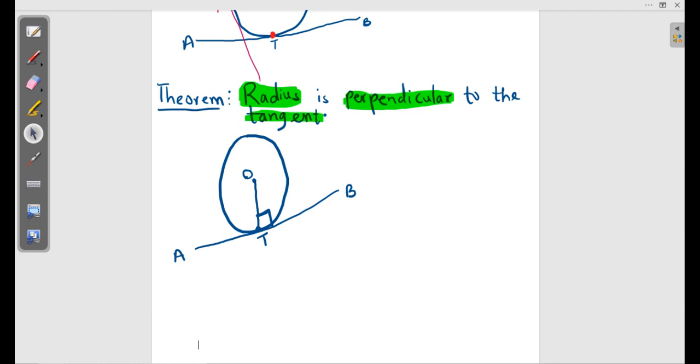That is what it is. So the radius is perpendicular to your tangent. Don't forget that perpendicular means 90 degrees.